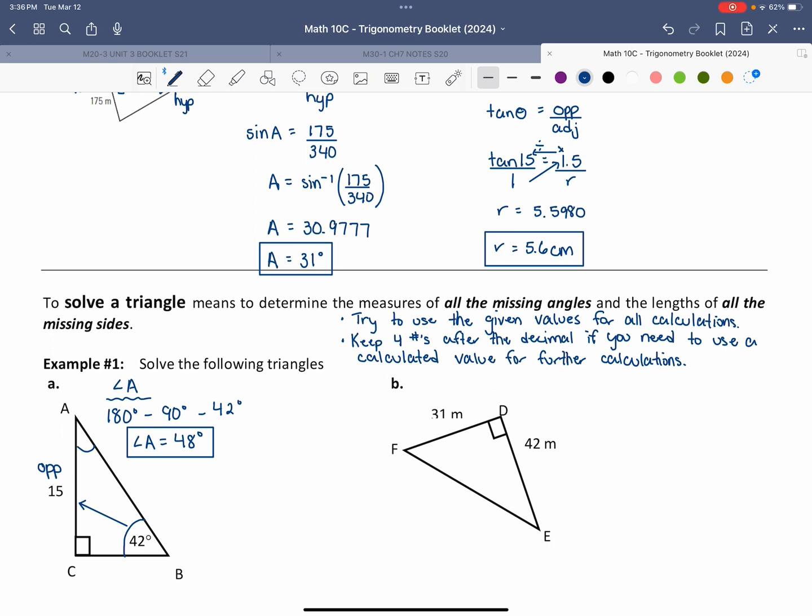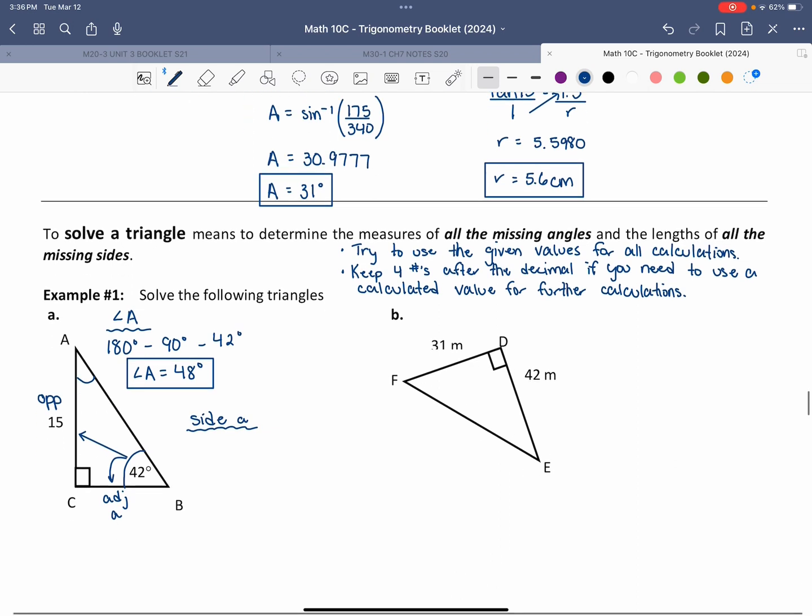Now I need to solve for the sides, so it doesn't really matter which one you start with. I am going to start with the adjacent, which is side A. So I've got the opposite, I want the adjacent. That means I'm going to use tan. Tan theta equals opposite over adjacent.